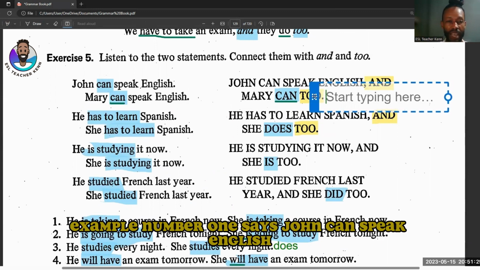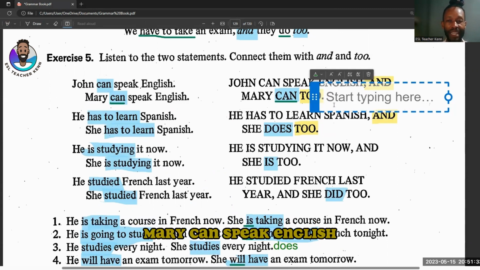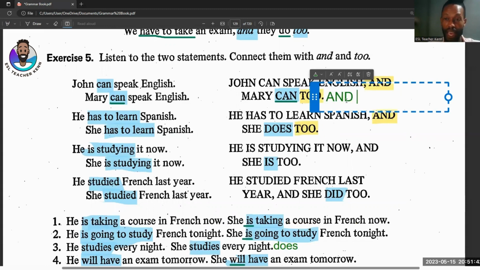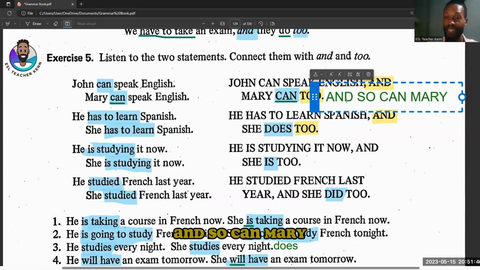Example number 1 says, John can speak English, Mary can speak English. In this case, we would say, John can speak English, and so can Mary.